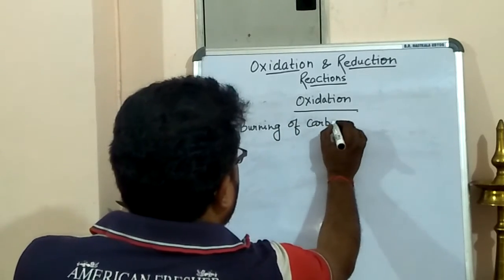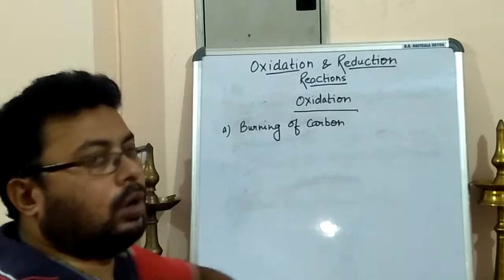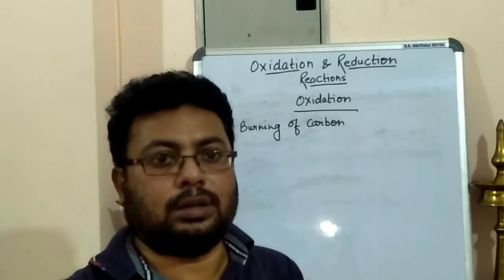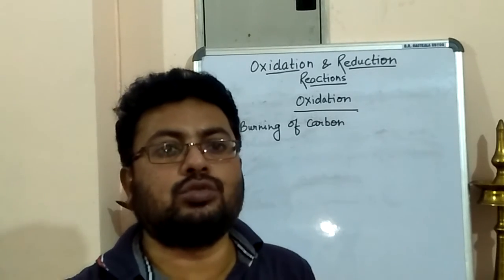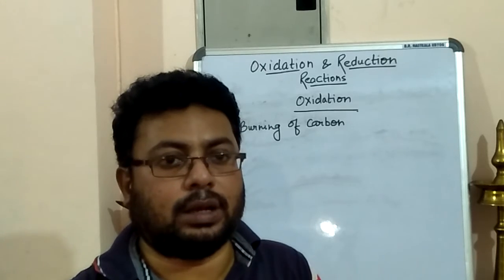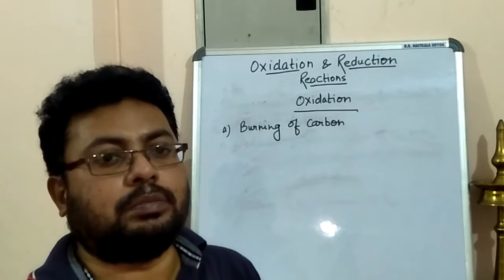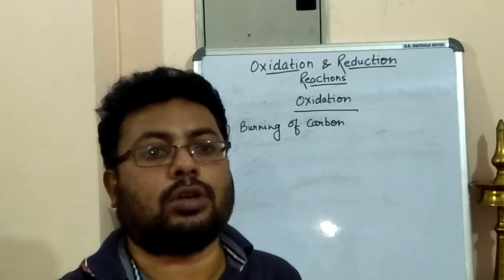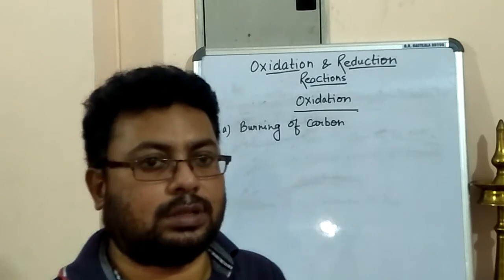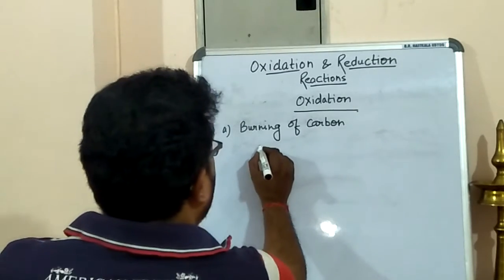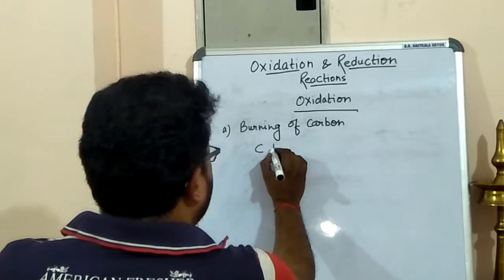Coal is nothing but carbon. When we burn coal or coke, that burning is basically addition of oxygen to that substance. So what happens when you are burning carbon in oxygen?